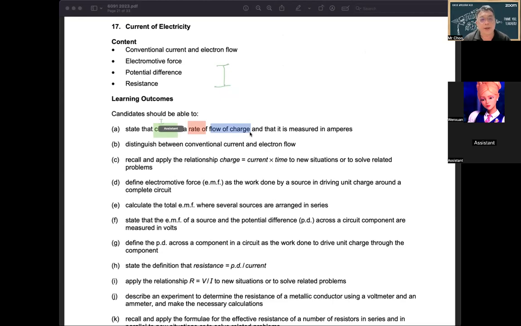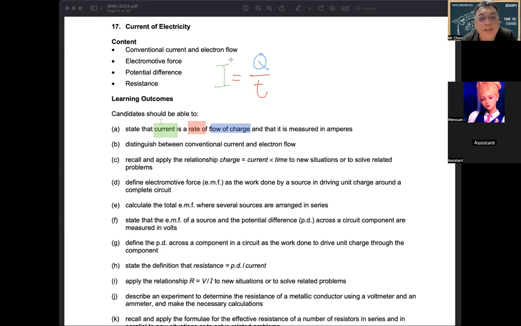Then what is the rate of? When you see the word rate of, just remember that it's always divide by T. So current is the rate of flow of charge. The flow of charge is the Q, how much charge flows through that point in 1 second.